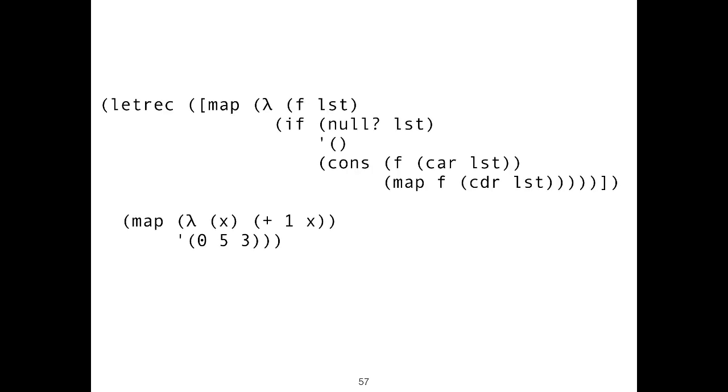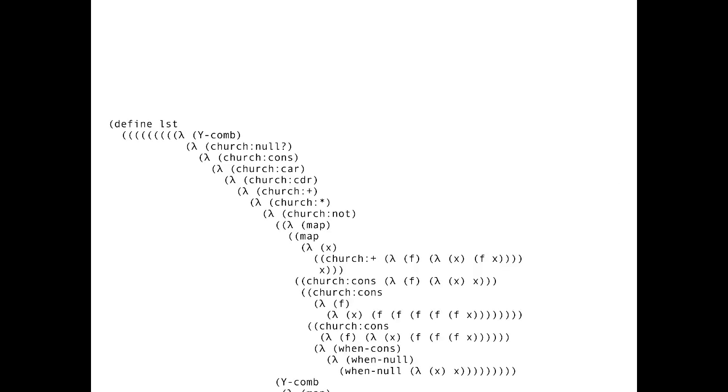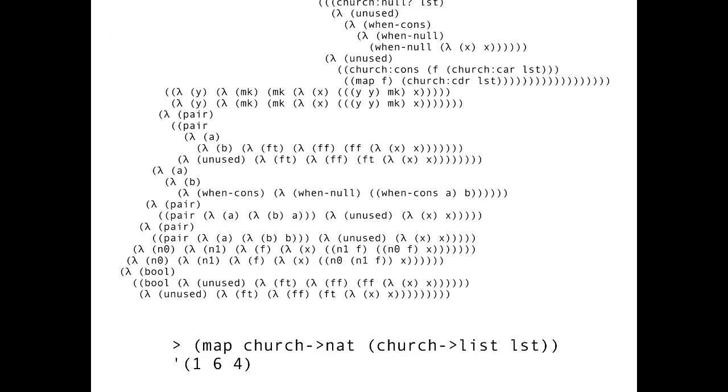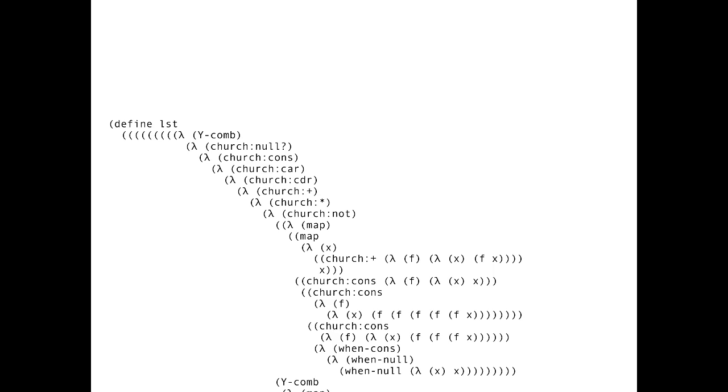All right, so this allows us to write quite complex Racket functions and translate them all the way down into the Lambda calculus. So we end up with some fairly huge Lambda calculus terms.